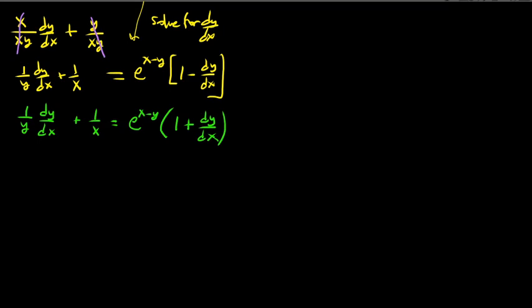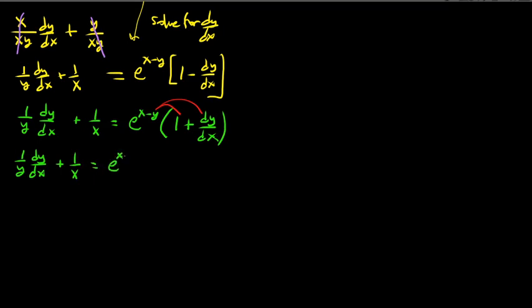I'm not even sure we can do that. Well, okay, so I guess what we'll have to do on the right here is multiply this out. So I'm going to leave the left side alone for now. I'm tempted to write this as y prime, but I'll leave it.